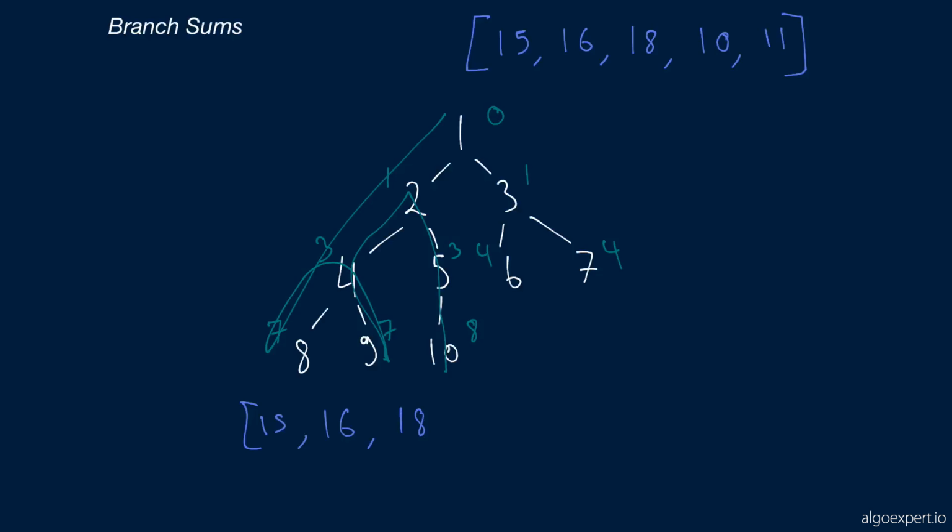Then at this point, we go back up. We go down to this side here with the 6. 6 plus 4 is 10. We have no left node and no right node, so we add this to our list. We've got a 10. And then finally, we go here to the 7. 7 plus 4, and we've got 11.